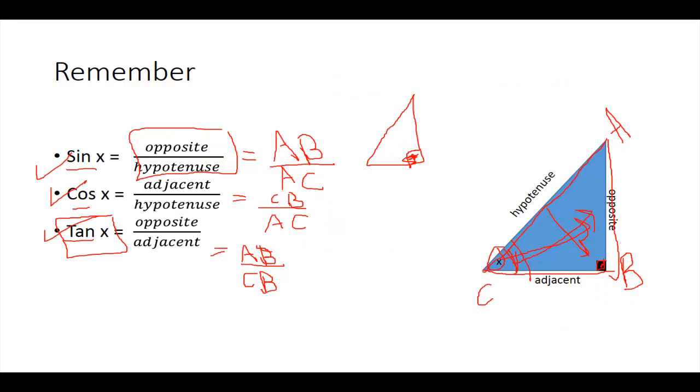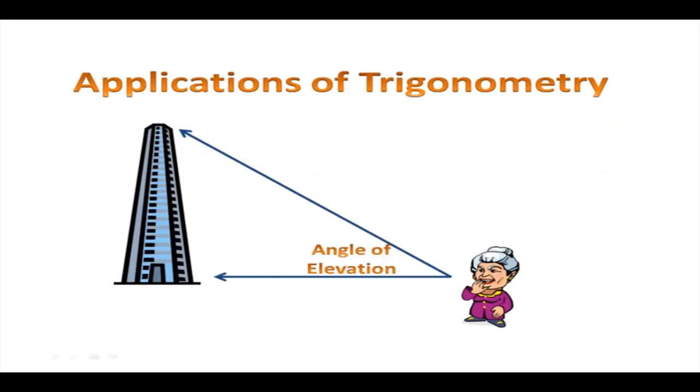Now you remember the meaning of sine, cosine, tan of the trigonometry angle. So the first thing we have about the life application of trigonometry angle is the angle of elevation. Imagine that you are walking in the street and you look to the top of a tower, a tall building or a tall tree.